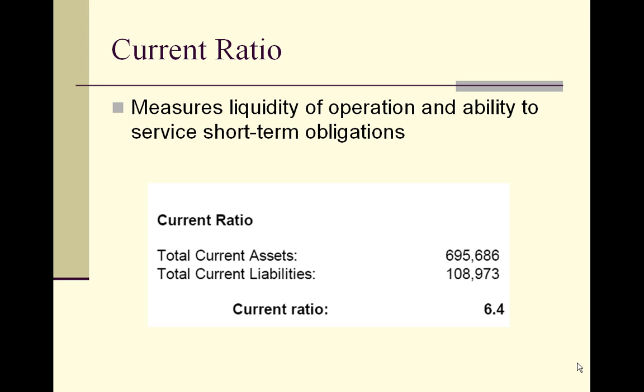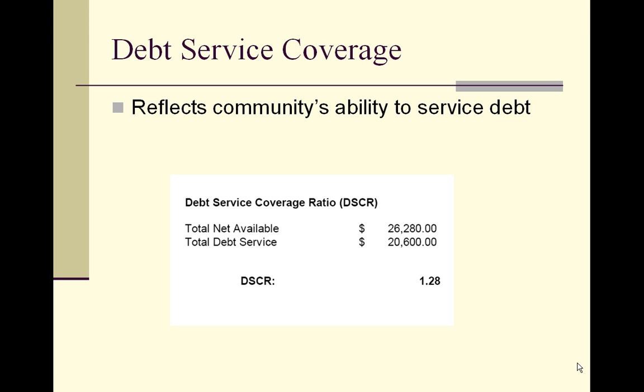The current ratio measures the liquidity of the operation, but also the ability to service short-term obligations. If the current ratio exceeds 5, that means that capital is not properly used, and if it's lower than a 2-to-1 ratio, then it typically shows that there's not enough liquidity to service short-term obligations, and you can read that up in the textbook as well.